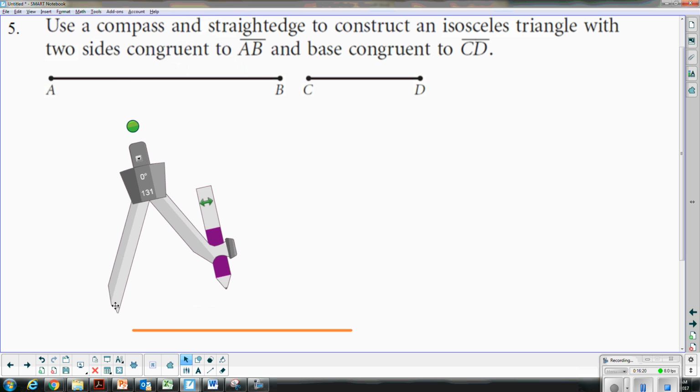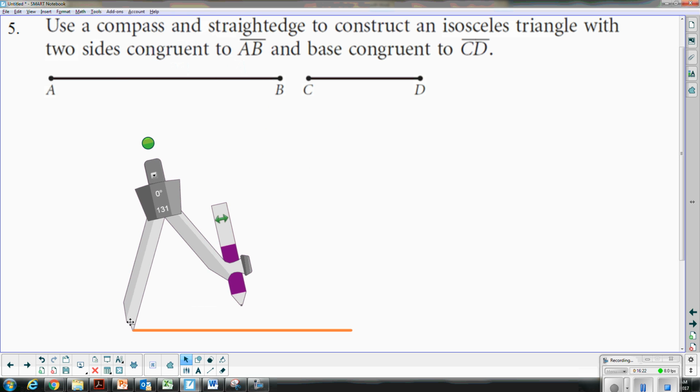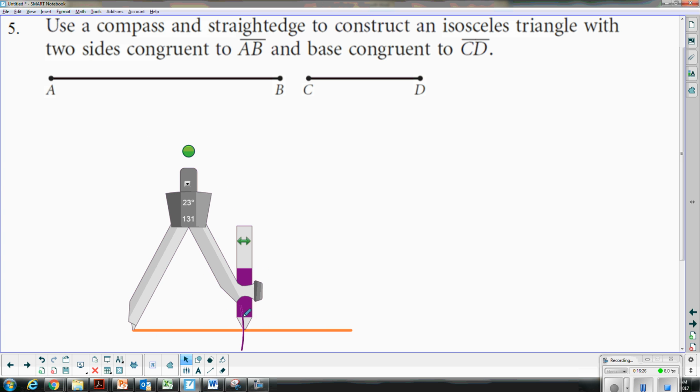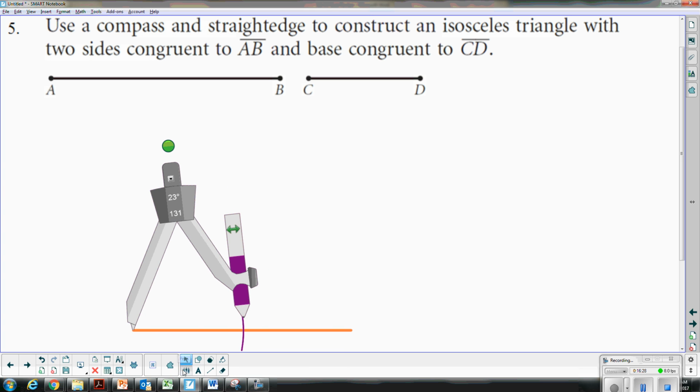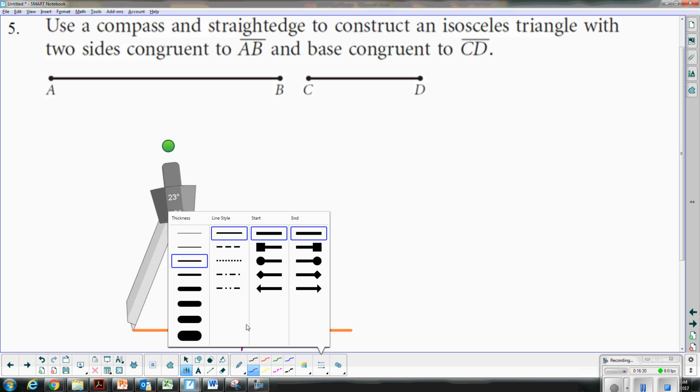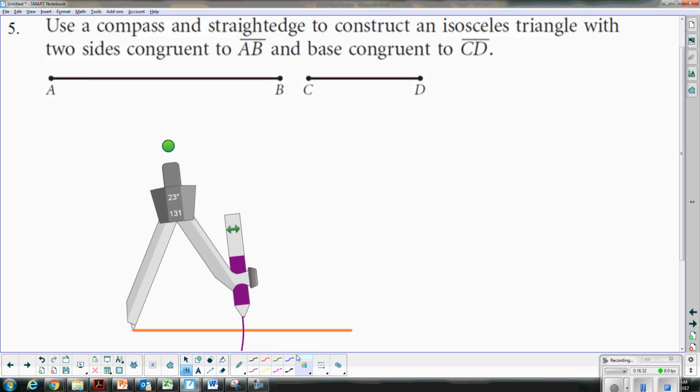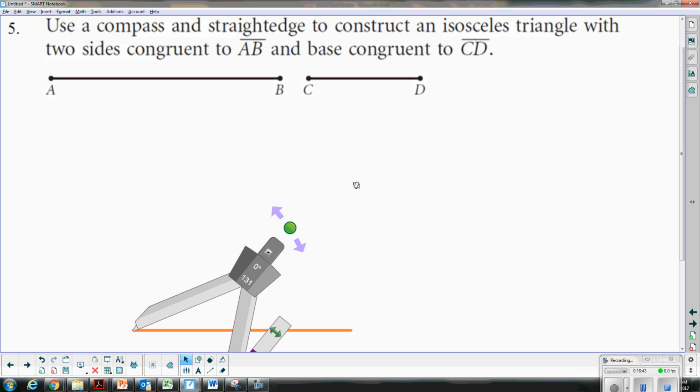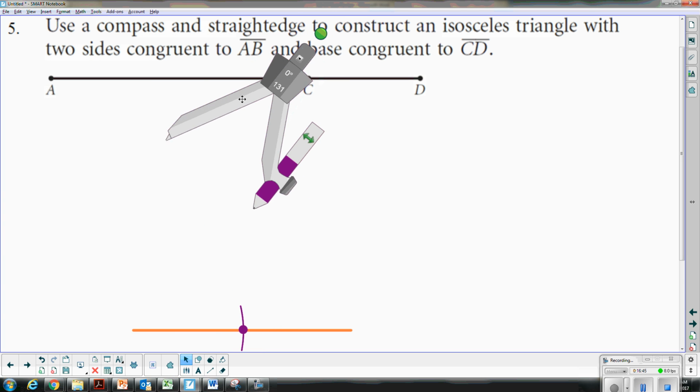Okay, so this endpoint here is going to be C, and then this is D. Okay, so this base now is congruent to CD. Now I need to get two segments that are congruent to AB.